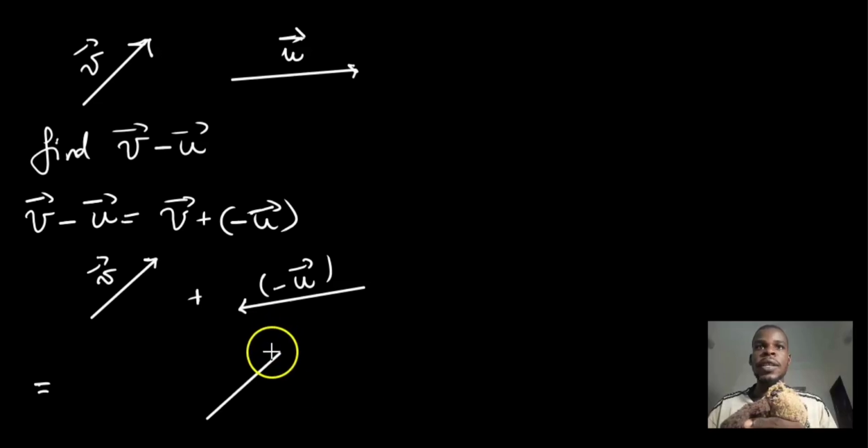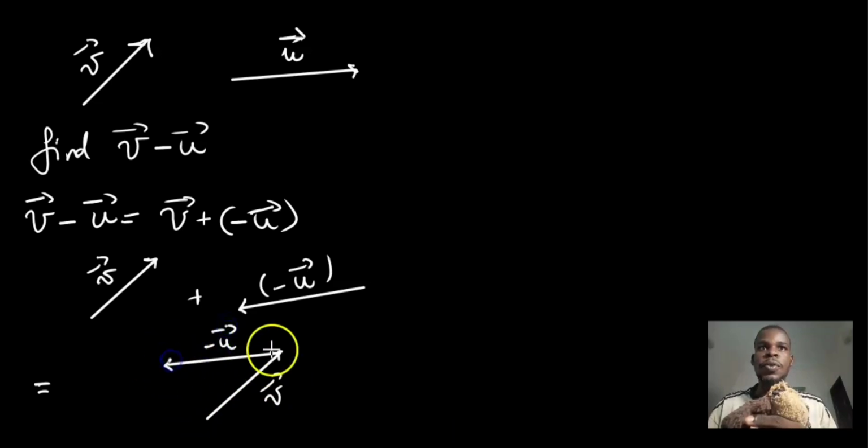That's vector v. Then we want to put the initial point of vector negative u on the terminal point of vector v. I'm going to still try to maintain the direction, but of course that's the direction of vector negative u, right? Good. So that's vector negative u.